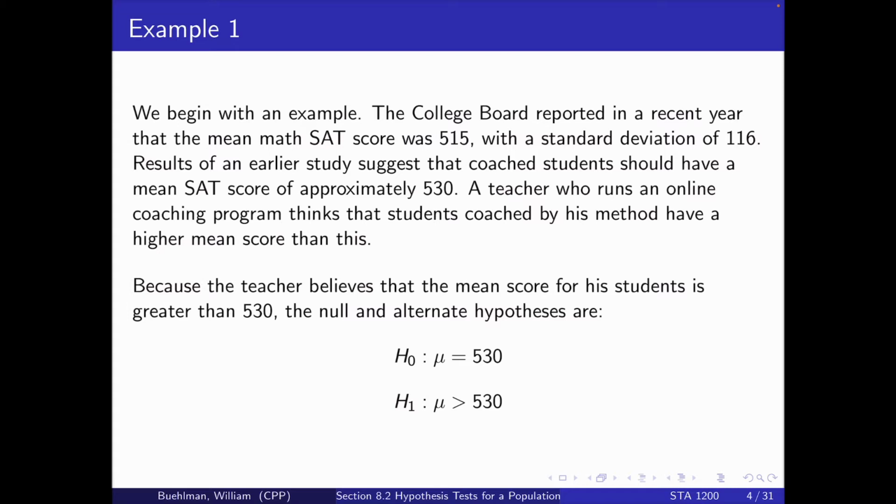A teacher who runs an online coaching program thinks that students coached by his method have a higher mean score than this. Because the teacher believes that the mean score for his students is greater than 530, the null and alternative hypotheses are as follows. The null is that the mean score is 530. The alternative is that it is greater than 530.